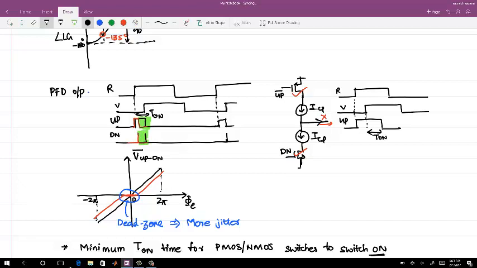So this up and down pulse is the same as T on. Now there is no problem as such, ideally. Even if my actual phase error, which is this part, reduces to 0, both up and down pulses will get activated, and ideally they will pump in a 0 current into the filter. So no issues, right?